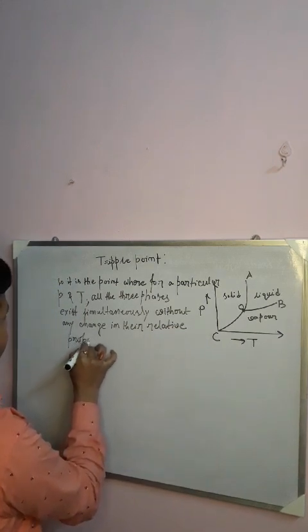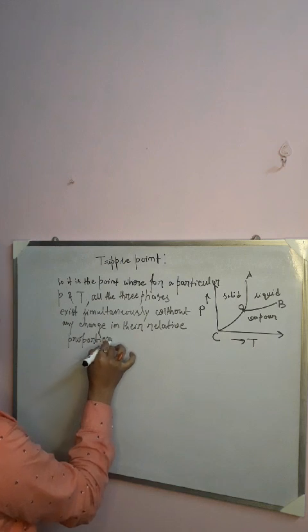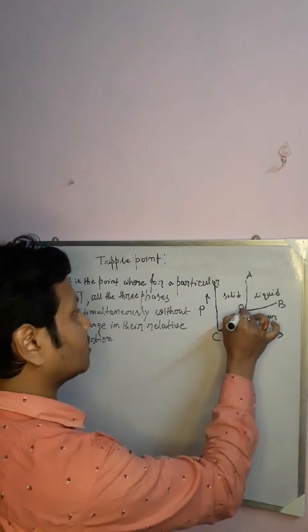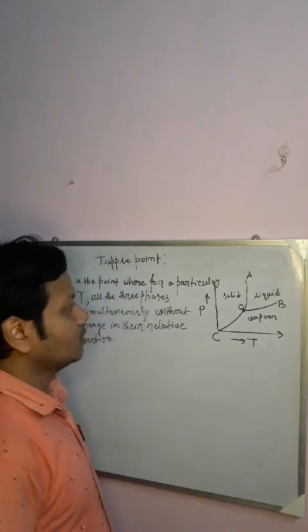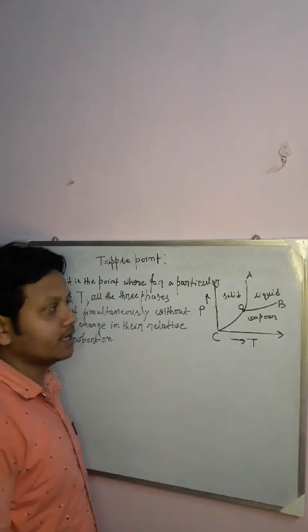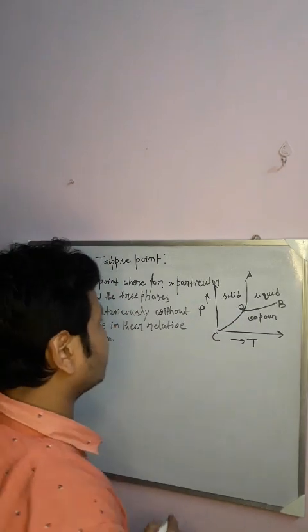Okay, so this is the definition of the triple point. So at a particular pressure and temperature all the three phases exist simultaneously without any change in their relative proportion. So let us explain this matter.